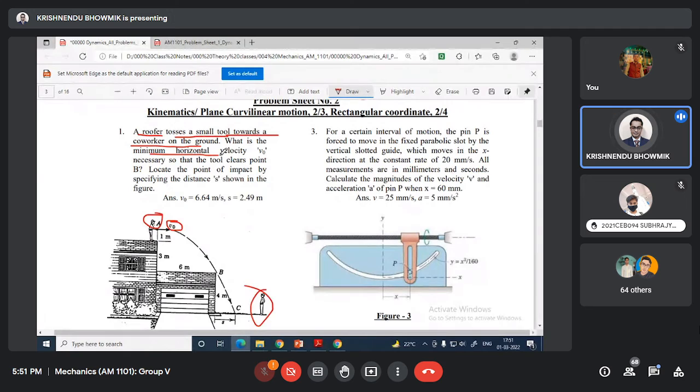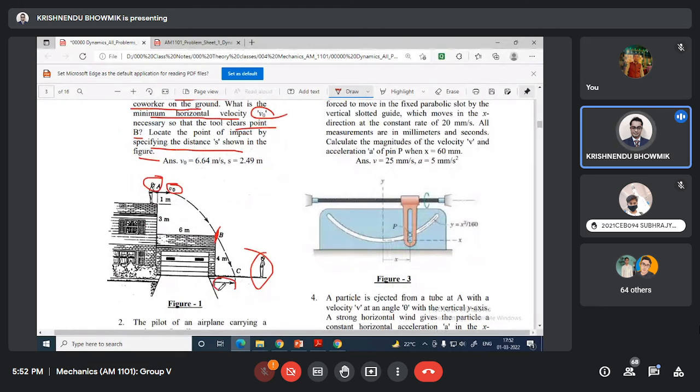What is the minimum velocity v0 required so that the tool clears point B here, and locate the point of impact by specifying the distance s shown in the figure. This is the s. You have to calculate this.